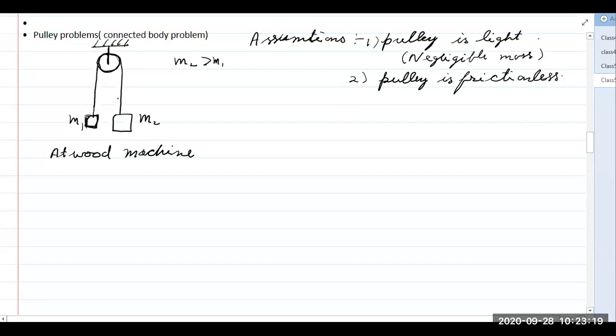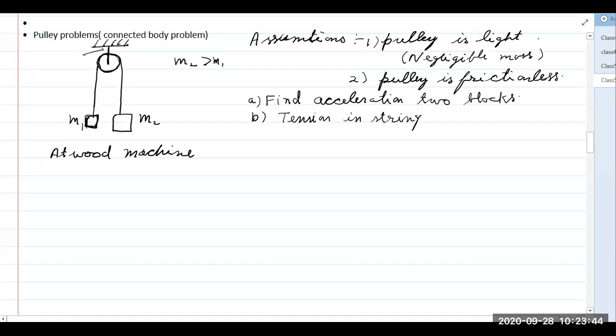So what do we have to find? Find the acceleration of the two blocks, this is A. Then we have to find the tension in the connecting string.